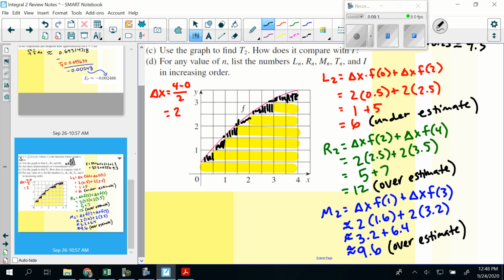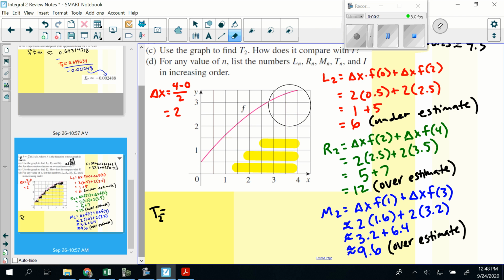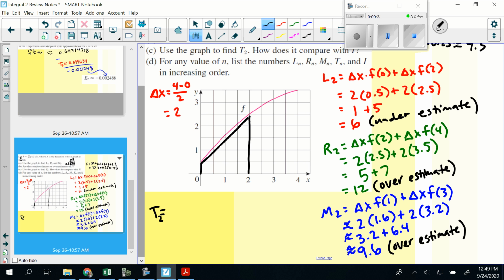All right, next they want us to use the graph to find T2. How does it compare with I? So if we're going to find the trapezoid approximation of T2, these are the two trapezoids we'd be looking at right here. Those would be kind of the two bases. There's one trapezoid. The other trapezoid also uses that line at 2.